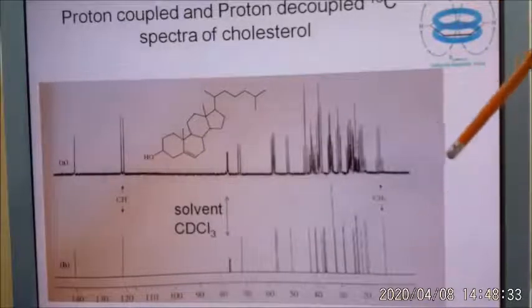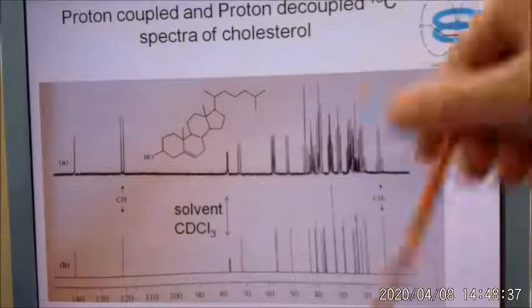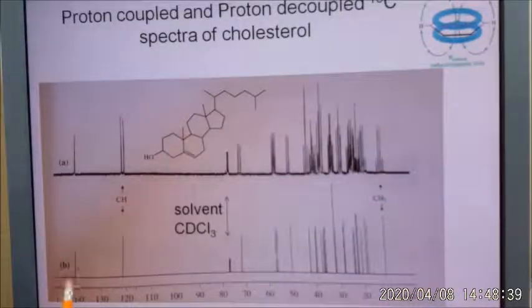This is proton decoupled. This one is with the splitting. So you can see here at the 140, that one has no protons attached to it. This one, this is the decoupled. This one has a CH attached to it. That's why it's a doublet. Okay, your solvent is around 77.